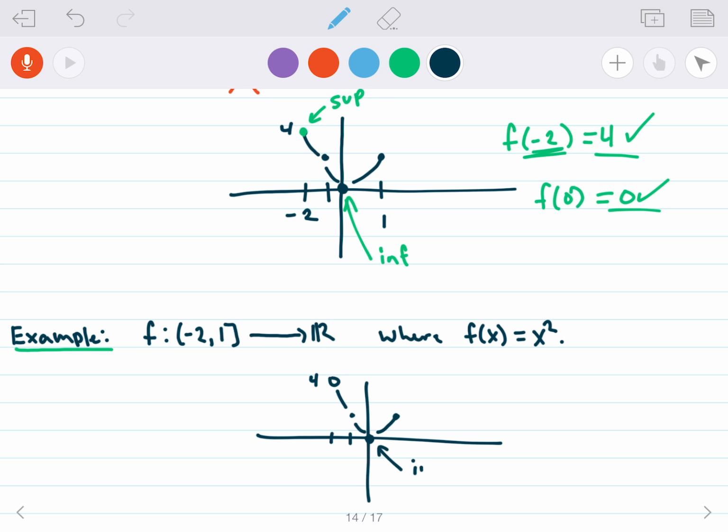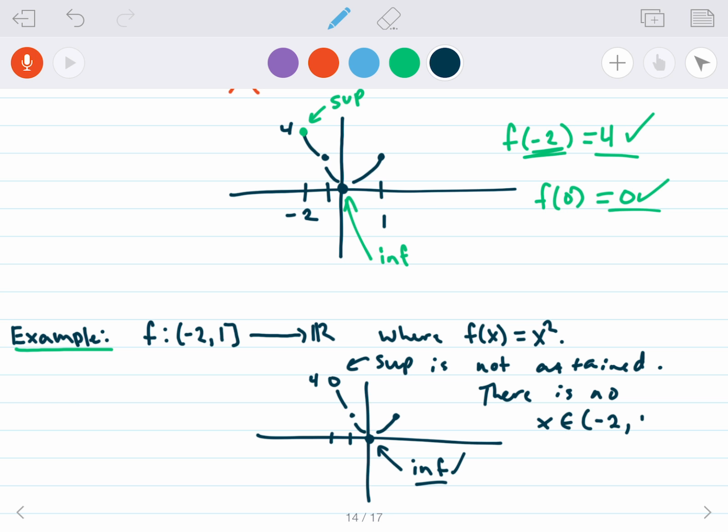Again, this is going to be the infimum, and that is attained, but the supremum is not attained. In other words, there is no x in (-2, 1) for which f of x equals 4.